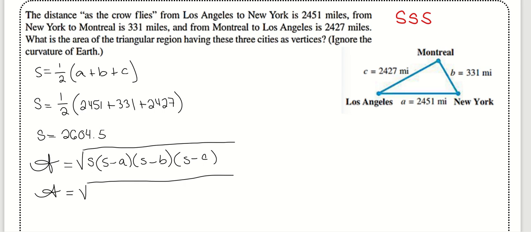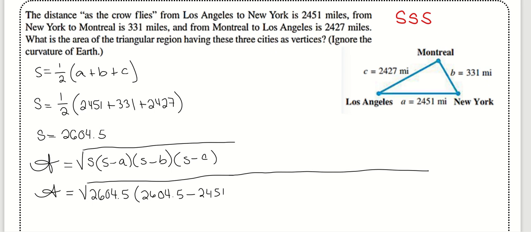So S happens to be 2,604.5, and then we're going to times that by 2,604.5 minus A, which is 2,451.